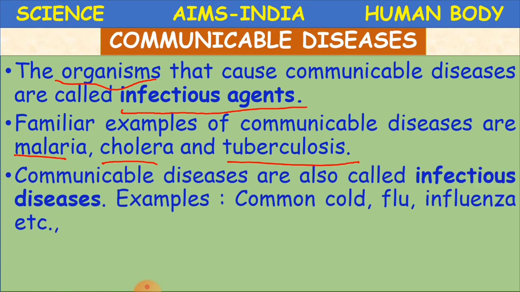What are those infectious agents, children? As I said before, maybe an infected person, maybe an animal, or a source in the environment, like air, food, or water. Through such agents, we get these types of diseases.